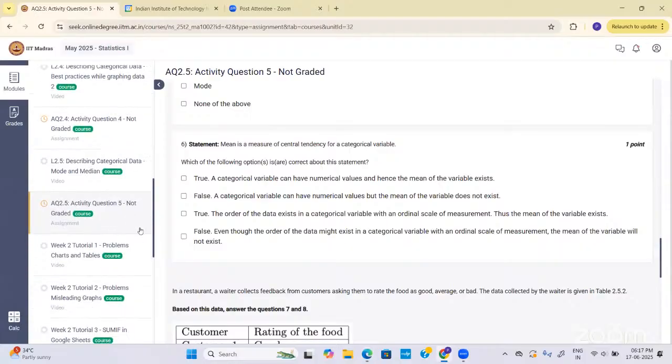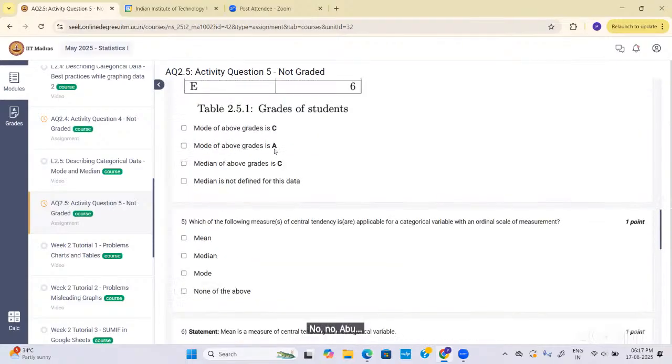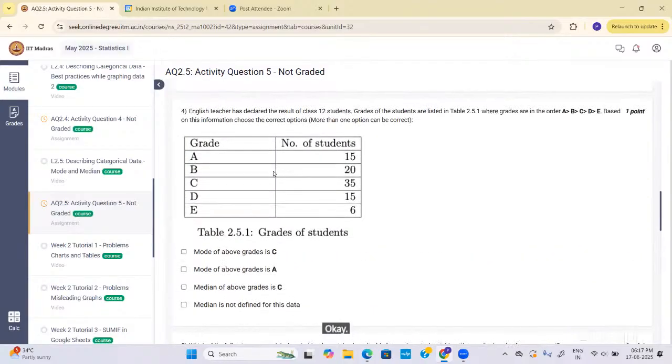I have a doubt in this assignment. Yes, any other question? I have a doubt in the practice assignment, activity 2.5, the fifth sum. This one? No, the one above, the fourth one. Why is the median of the above grades C? So you have to calculate the median.